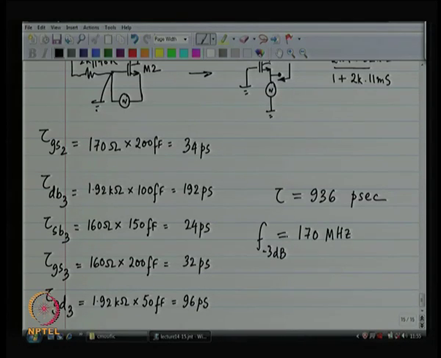Okay. So, from 146 I have improved to 170 megahertz. Not bad, could have been better.